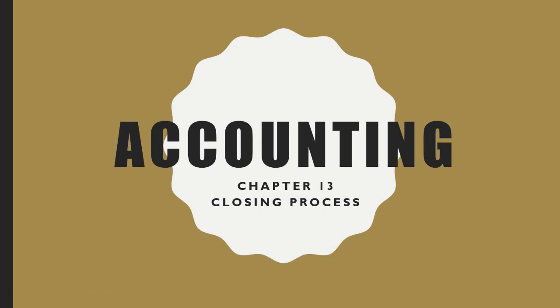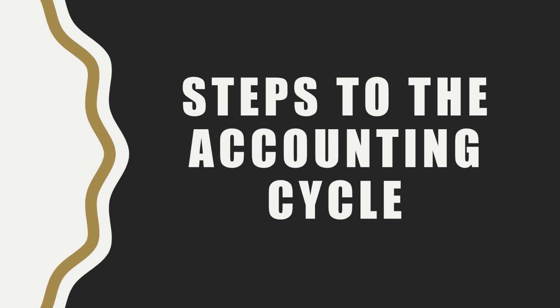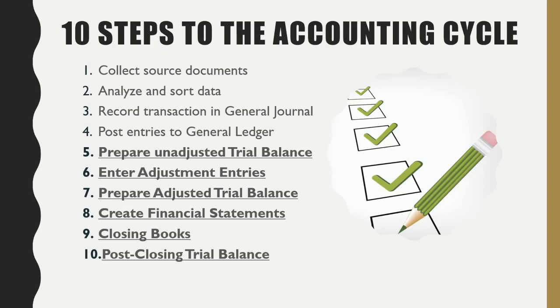Chapter 13 is going to be all about the closing process. This is the last section in the accounting cycle. Throughout this entire time, we've been doing the class project, Coffee Cafe. We recognize the first 4 steps.